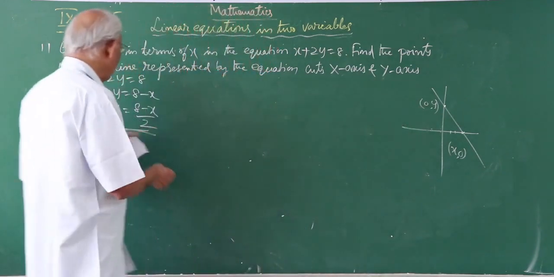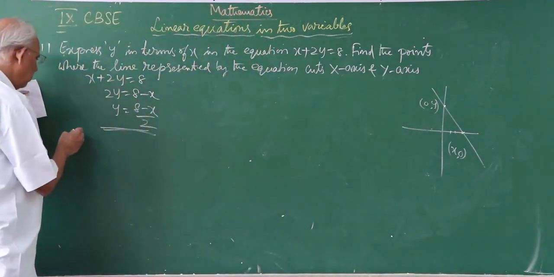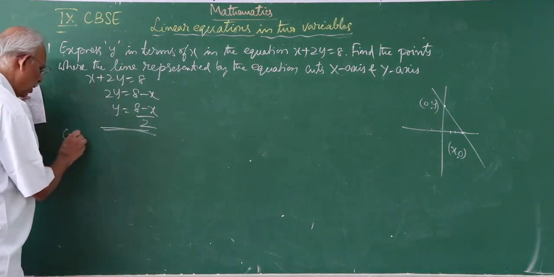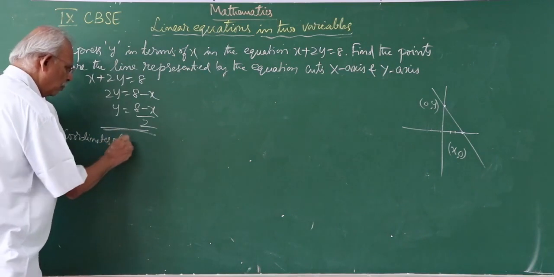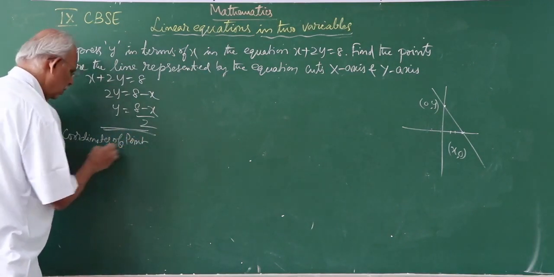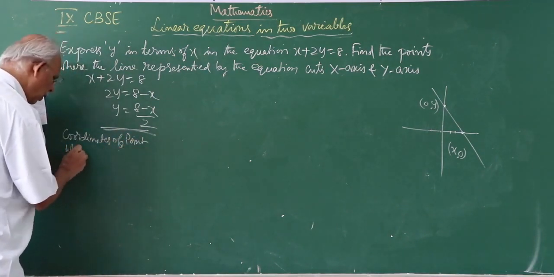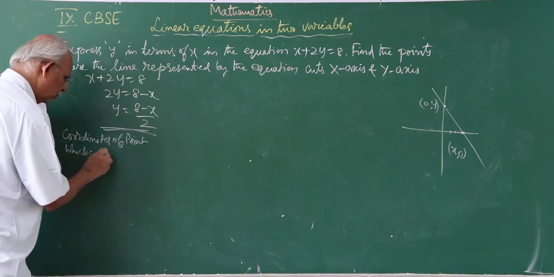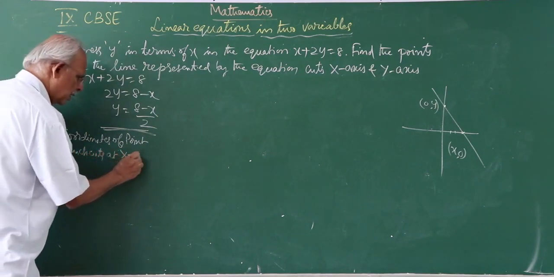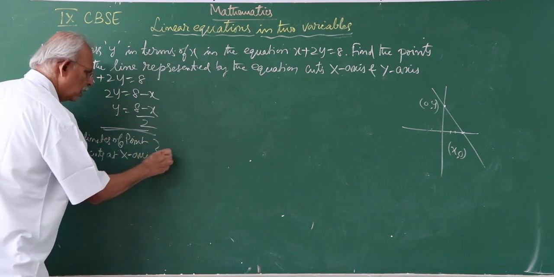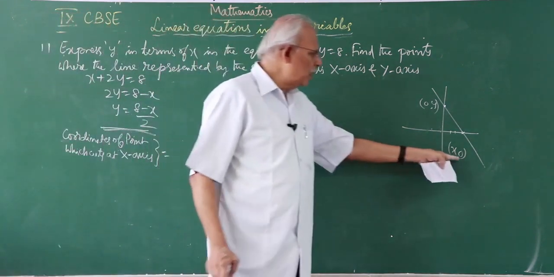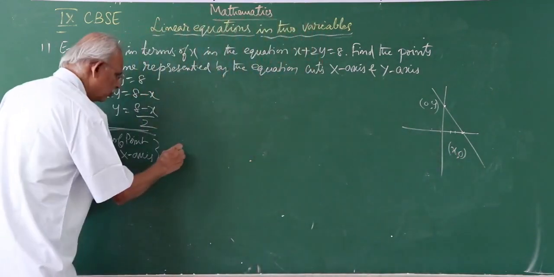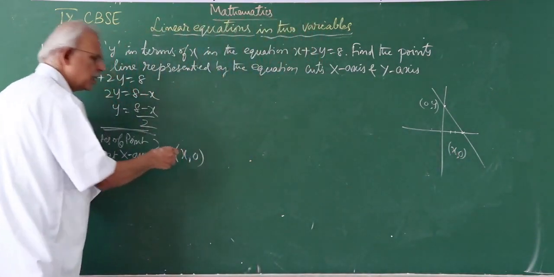Now, the coordinates of the point which cuts at x-axis equals, I have told you, at x-axis y will be 0, therefore x comma 0.